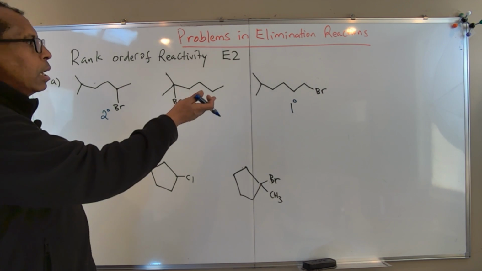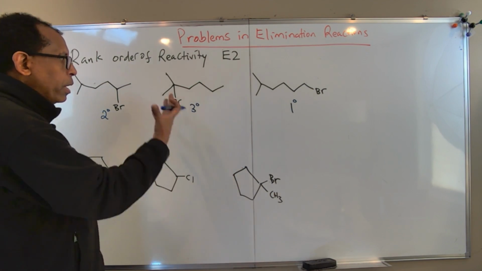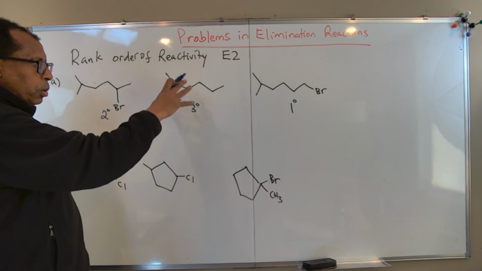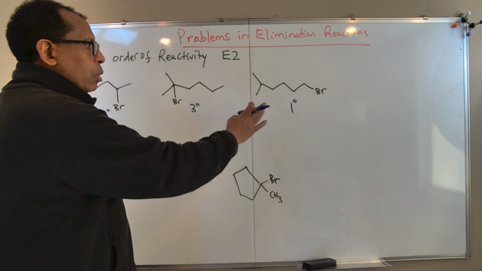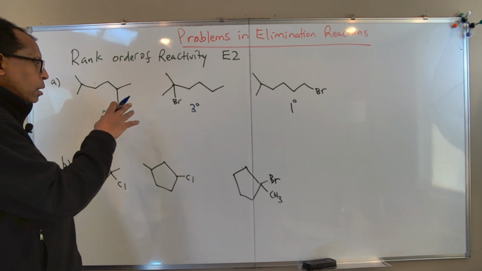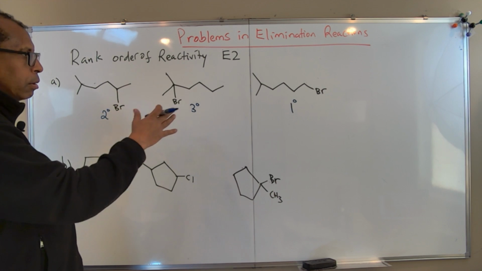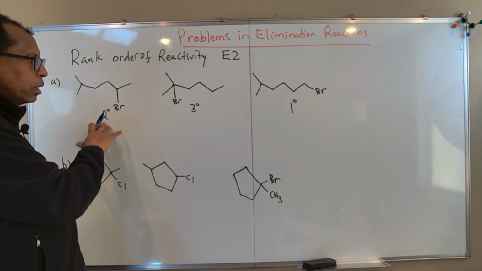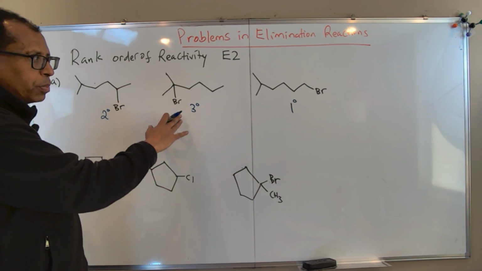So the least crowded, as the base is coming to abstract that proton, would be the primary alkyl halide. The second would be the secondary, then a tertiary.